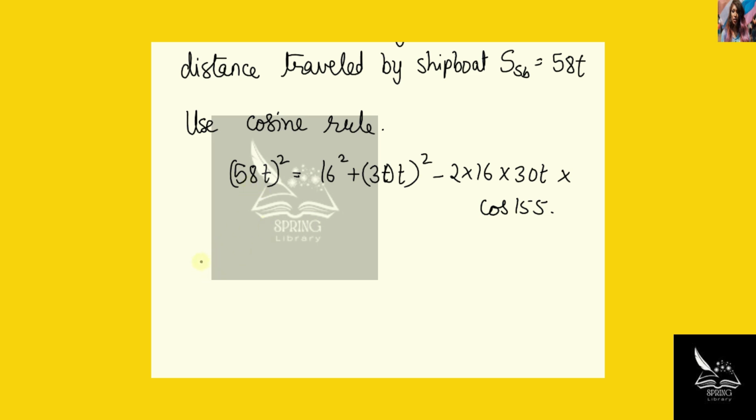If I open the bracket, this will be 3364 t squared equals 256 plus 900 t squared minus, and since cos 155 is negative, this will give plus 870.05 t.